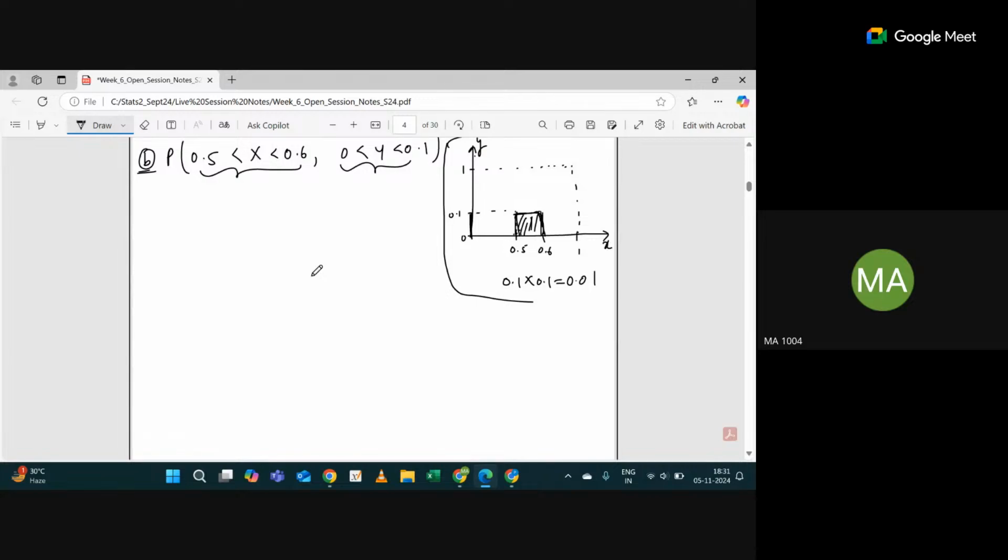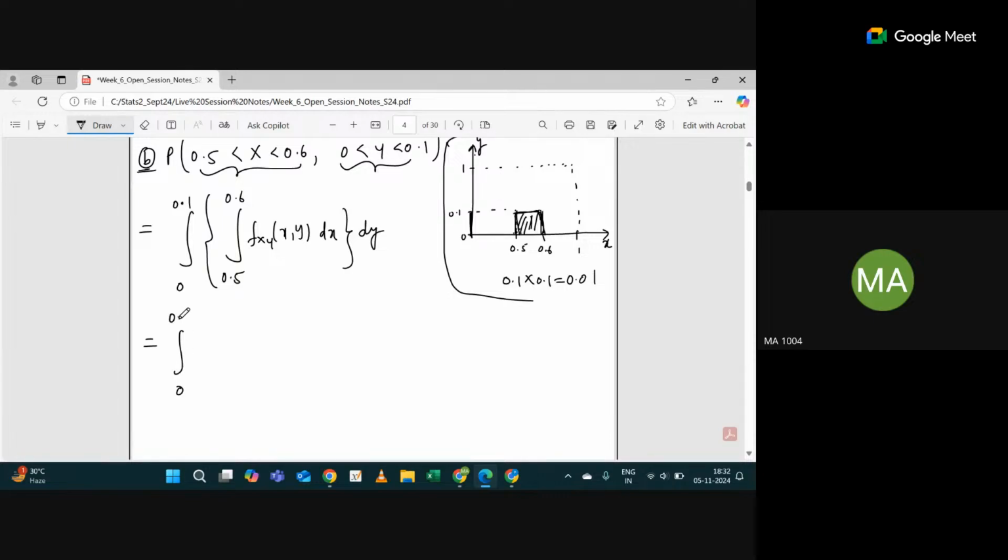Now, what should I write? First integration, let's say I'm writing for x, so 0.5 to 0.6 of f(x, y) dx. Let's separate this for now, and the next integration will be for y, which is 0 to 0.1.